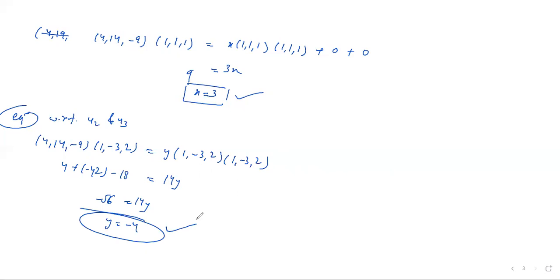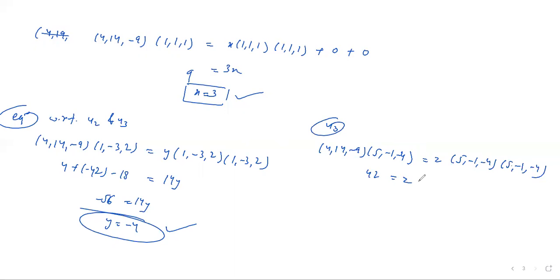Okay, we got our value of minus 4 for y, and by taking the dot product with respect to u3, we will get (4, 14, -9) dot (5, -1, -4), and that is equal to z (5, -1, -4) dot (5, -1, -4). Okay, and that is equal to 20 - 14 + 36, and this is z times (25 + 1 + 16), so we got z equals 1.